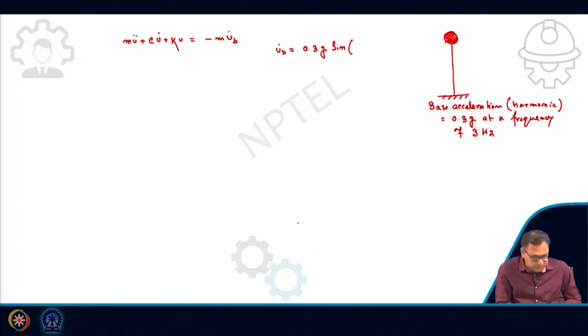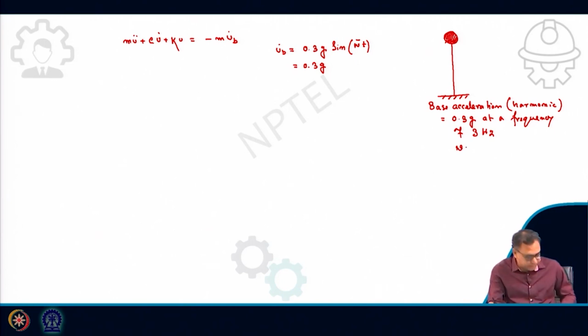So this will be your sine omega bar t. I can write this as 0.3 g sine omega bar t.